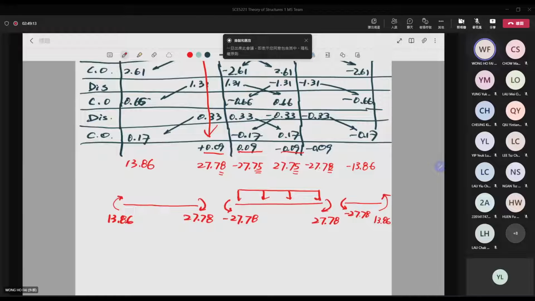It is equal to 41.64. And then you just divide it by the length, which is equal to 10 meters. Then you can find that this shear is equal to 4.16 here, okay? Here is also 4.16 kN.